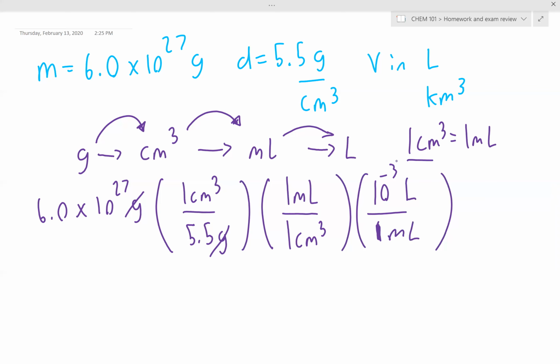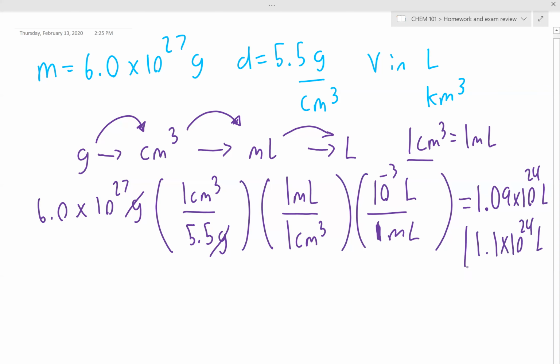Hopefully we can arrive at that conclusion. And now we're just going to multiply by 1 EE negative 3, and we get the Earth's volume to be equal to 1.09 times 10 to the 24th liters, which we round to 1.1 times 10 to the 24th liters.